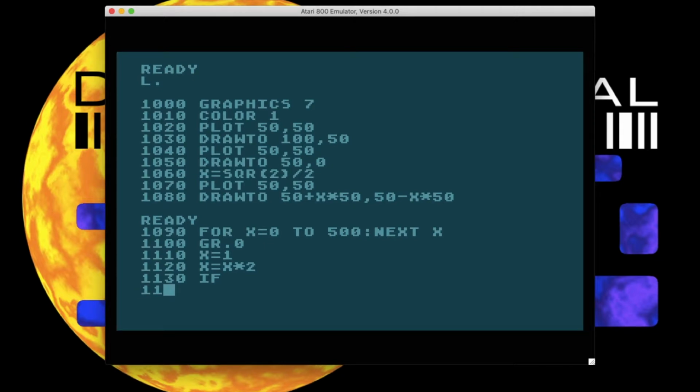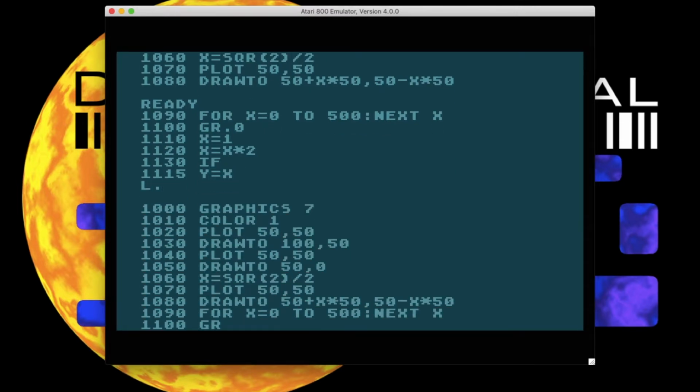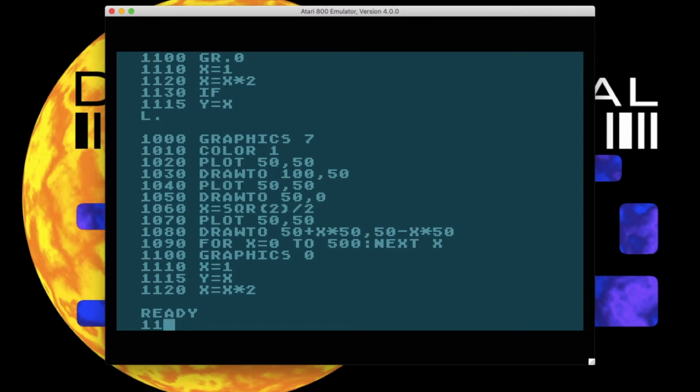And we go 1115 y equals x, and then 1130 if x is less than y times 2, then we know we've hit the top.